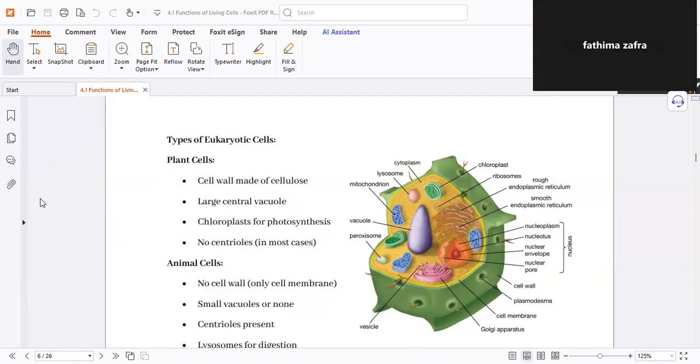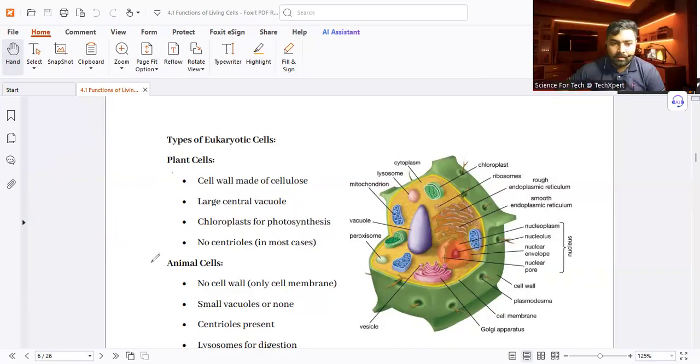Yes, sir. Okay. Then plant cells have a large central vacuole. This is a significant characteristic in a plant cell.